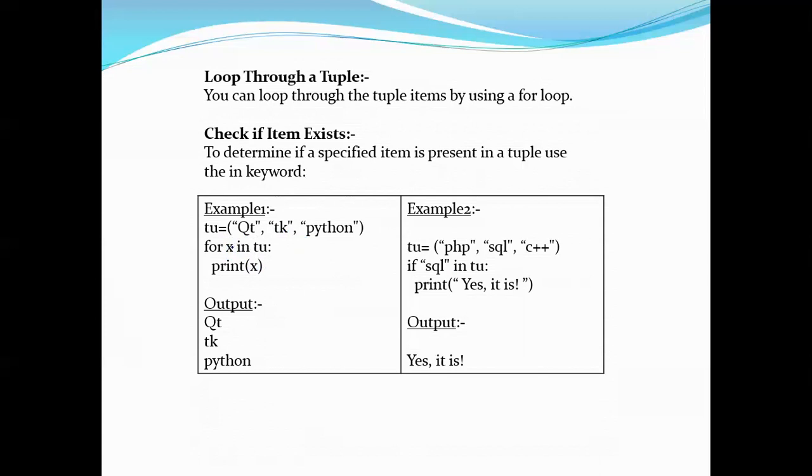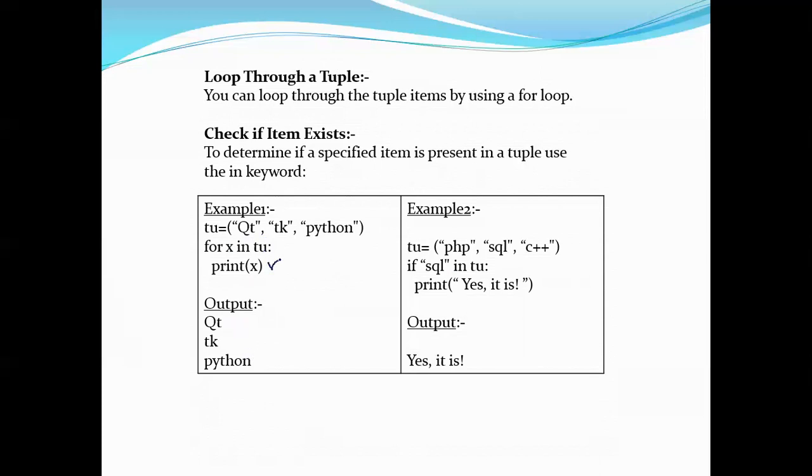So for x in tu refers to every element in tu being substituted for x for each iteration. So x will be initially qt. So I'm printing qt. Next, in the next iteration, I'll get tk. So I'll print tk. In the next iteration, I'll get python. Yes, I will print python. So x will get the items of tu one by one, and it will be printed accordingly.